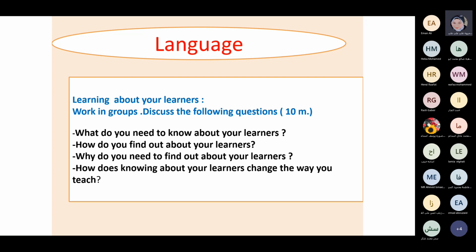Excellent. Yes, some general information about them like age, gender, and their names. Then their educational needs, their cultural background, their language literacy, and numeracy needs, and problems of learning.